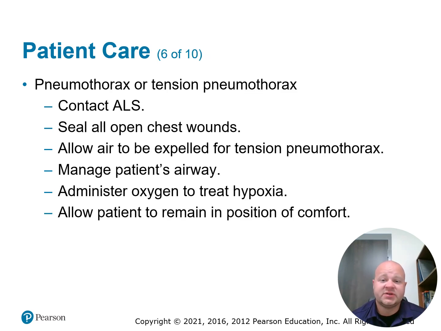So for a pneumothorax or tension pneumothorax, we need to contact ALS, seal any open chest wounds, manage the patient's airway. So if their airway becomes compromised, if that's an NPA, OPA, i-gel, wherever you need to go with that. Administer oxygen to treat hypoxia and allow the patient to remain in a position of comfort.